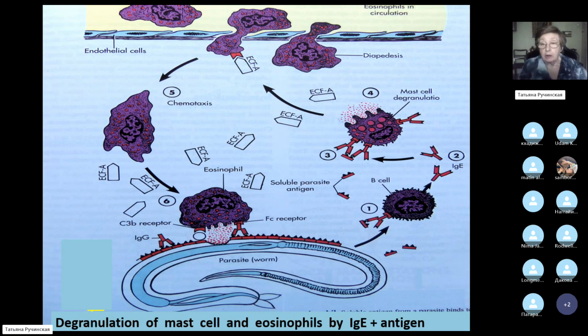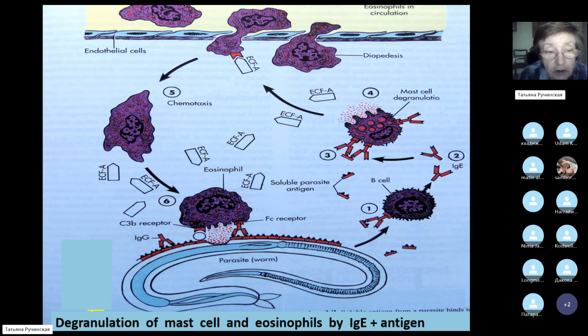And you see, in the region where the parasite is located, there appear chemotactic factors for eosinophils. And look, it will attract eosinophils to come from the lumen of the vessels to the interstitial space.